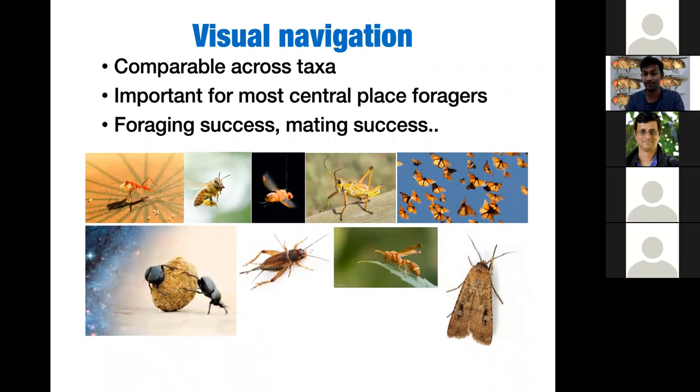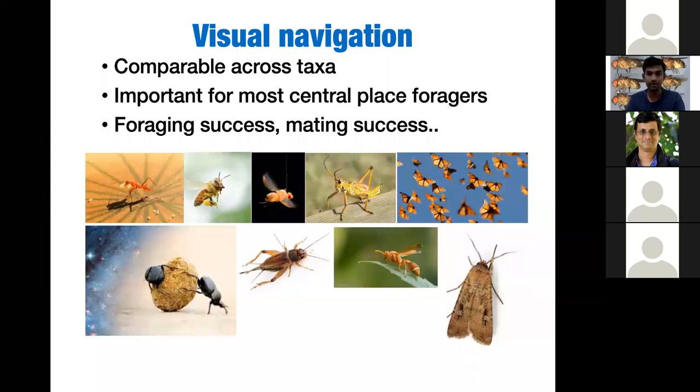So the quickest way is to travel in a straight line away from the dung, and so they use, again, celestial compass cues for navigation. If they're nocturnal, they've also been shown to use the pattern of the Milky Way galaxy and the moon's polarized light to be able to travel in a straight line.